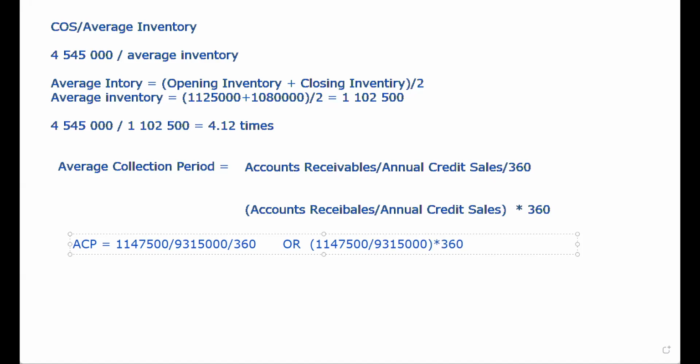Depending on the formula that you've used, they are the same formula, just that the other one is difficult to put in a calculator. Make sure you put the brackets if you use the second formula.